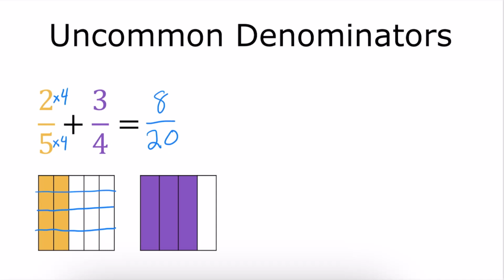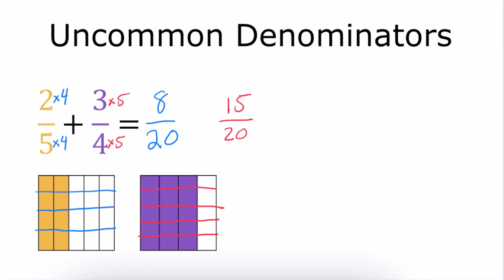And then for the other fraction, I'm going to do 4 times 5 because that was the other denominator. And when I split these up into fifths, like this, I end up with 20 pieces total again. And the 3 pieces that used to be shaded are now 15 pieces. And these rectangles, I should say, are the same size.